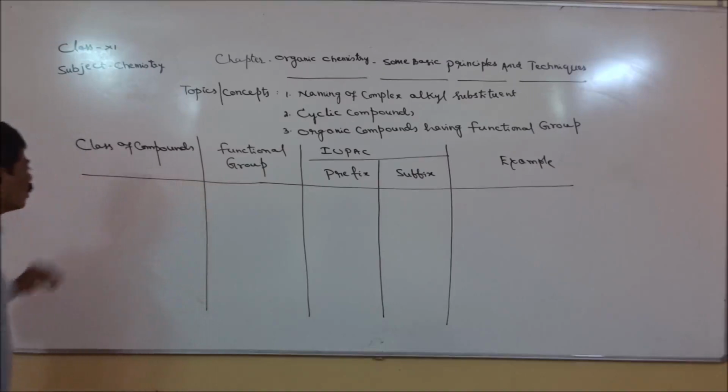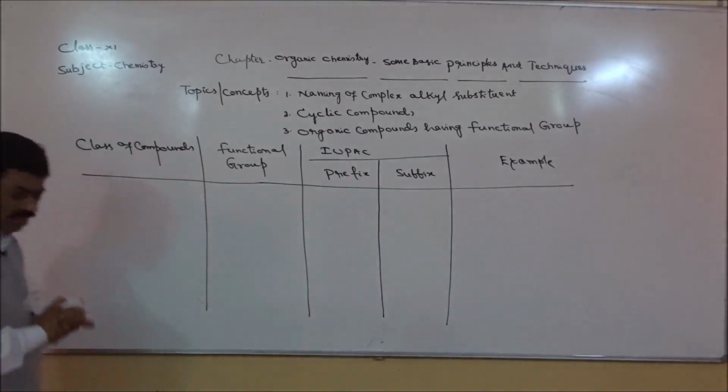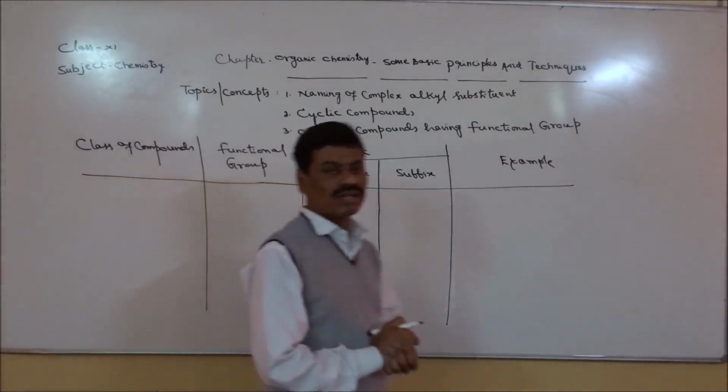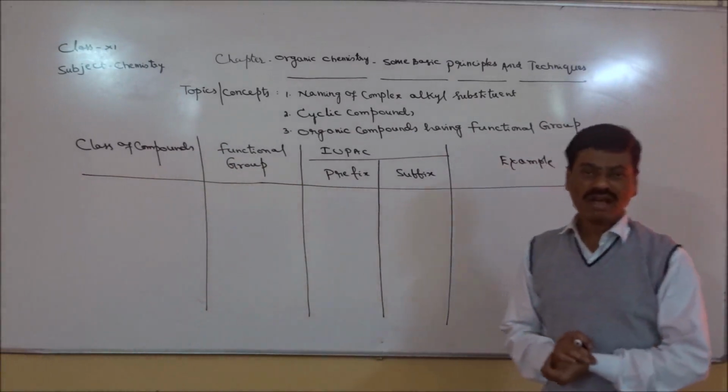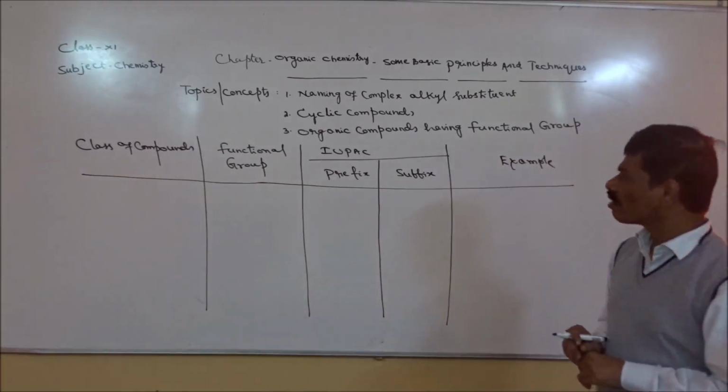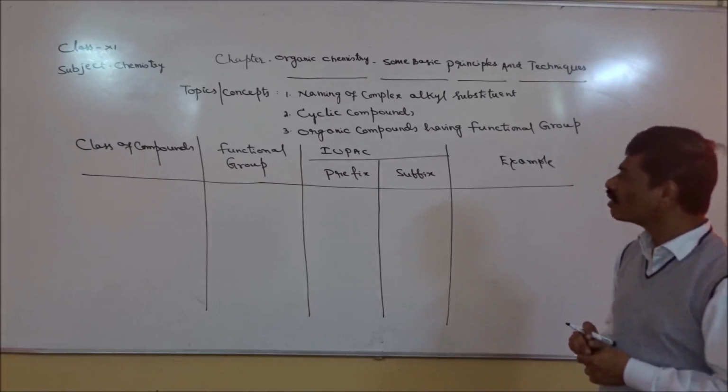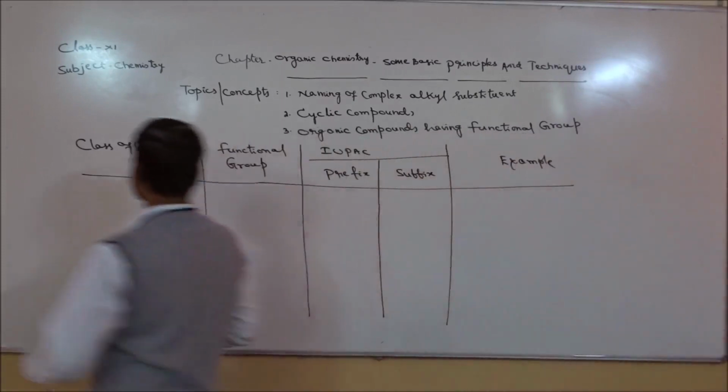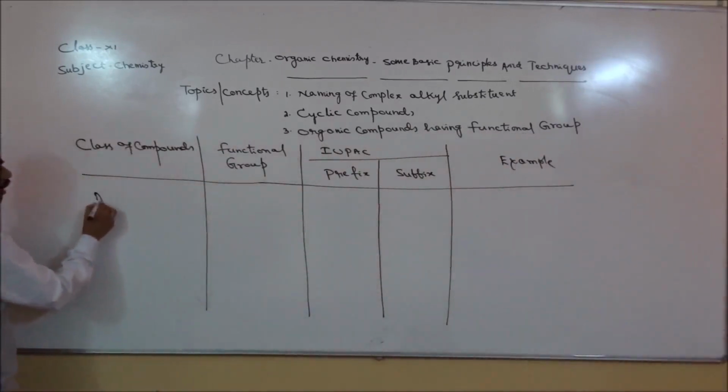Now let us see the class of compounds. If you take saturated hydrocarbons, meaning alkanes, they are made up of carbon and hydrogen with single bonds, right? So the first class of compound is alkane.